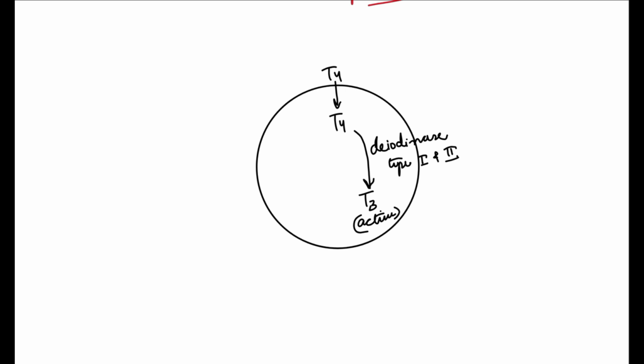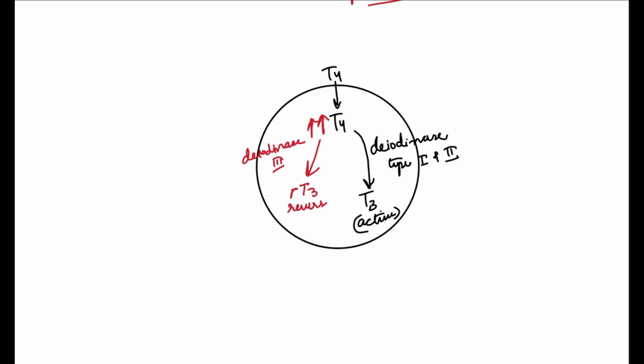Suppose we have too much thyroid hormone in a cell, that is too much T4. This increased level of thyroid hormone is then handled by deiodinase type 3, which converts the T4 into reverse T3.